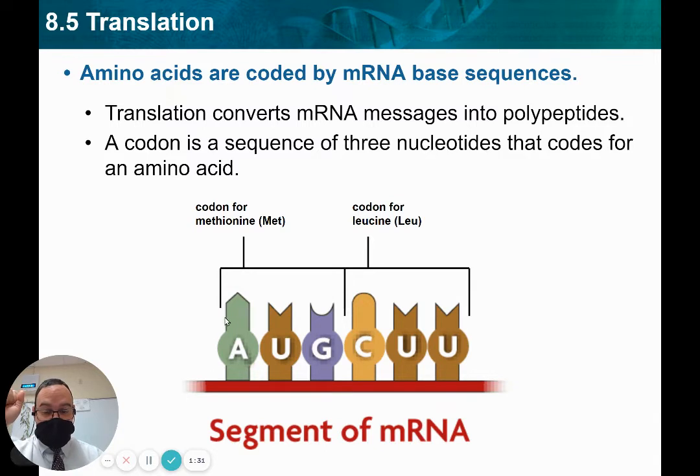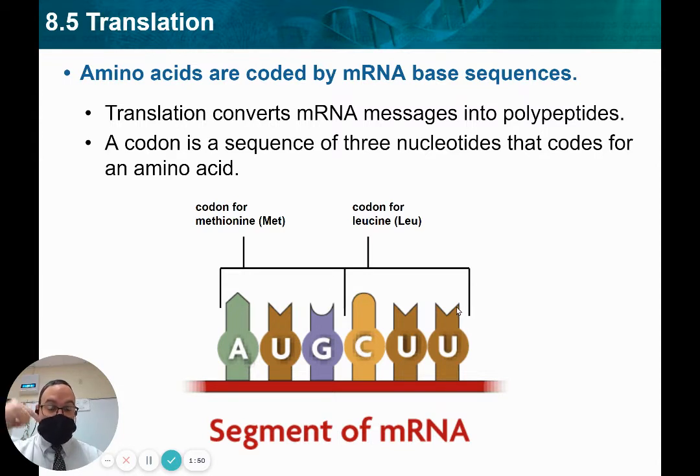So if you look here, AUG is a codon, right? It's 1, 2, 3 letters. So it's a codon, and that's how you would read that first three. And then CUU is another codon. So this is how your mRNA is read.